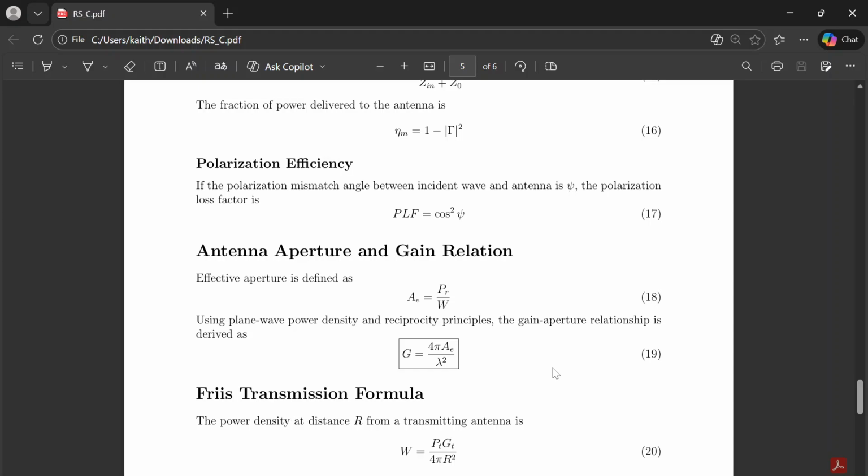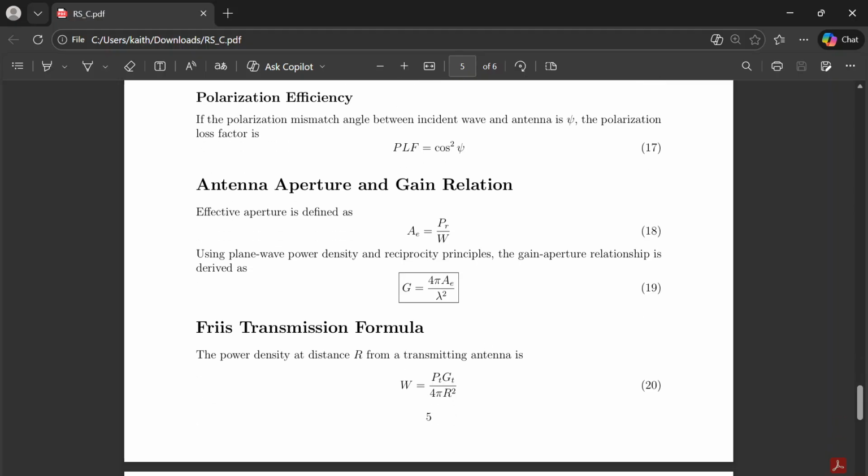So just divide the received power by that power. You can understand basically the loss due to the aperture of your antenna. So using the plane wave power density and reciprocity theorems, the gain aperture relationship is derived as follows. This is the formula. Gain is 4 pi into aperture area by lambda square, where lambda is the wavelength.